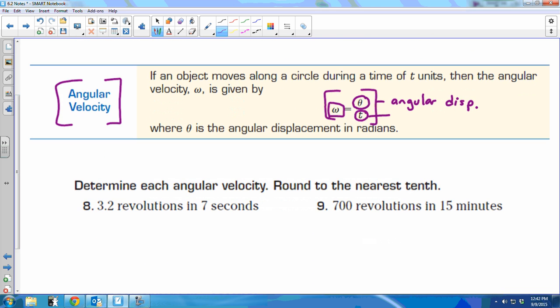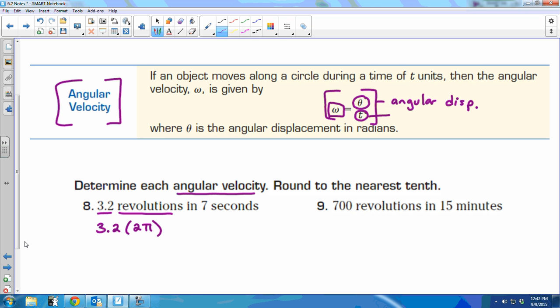It says determine each angular velocity and round to the nearest tenth. The first one says we have 3.2 revolutions in 7 seconds. I need the angular displacement divided by time, and right now I don't have the angular displacement. I have the number of revolutions. So we need to do 3.2 times 2 pi first. That's the angular displacement.